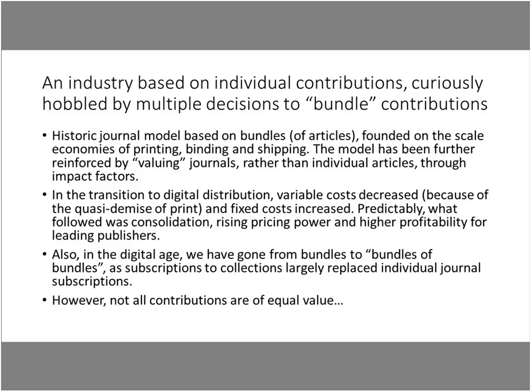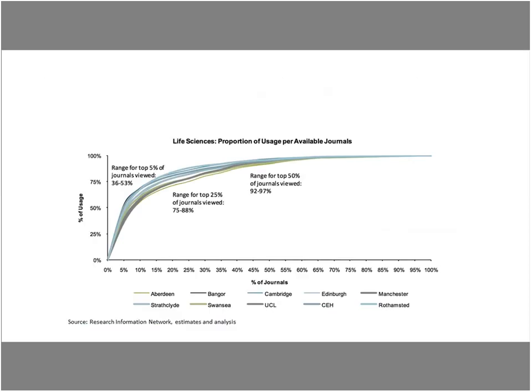It measures the performance of bundles called journals through the impact factor, and it's now, in fact, selling bundles of bundles as the traditional journal has been substituted by collections with multiple titles inside of it. The contradiction comes from the fact that not all content is indeed equal.